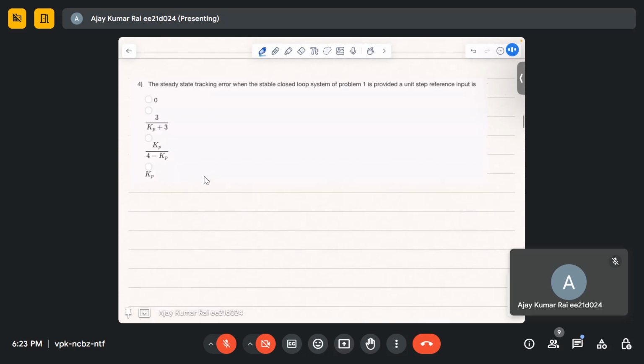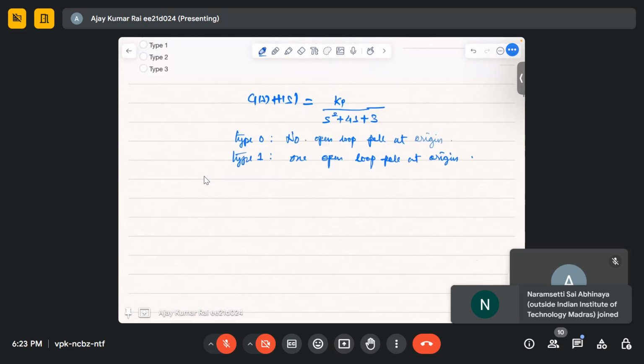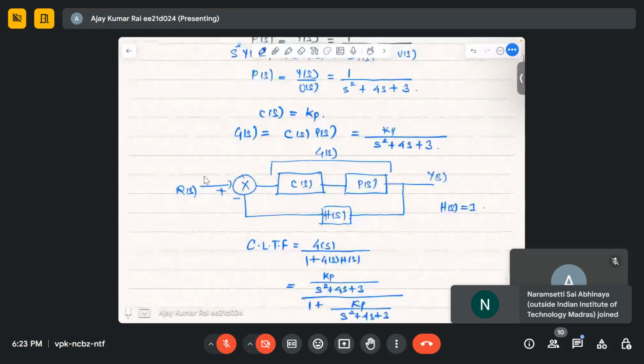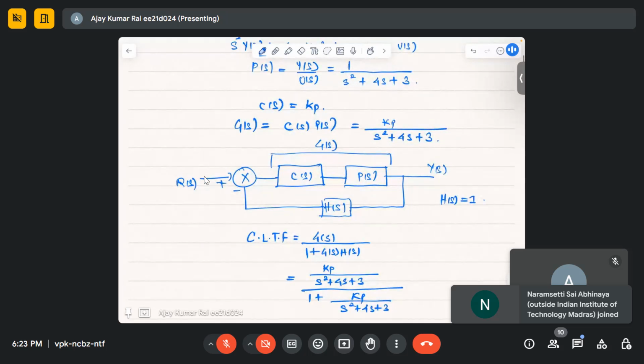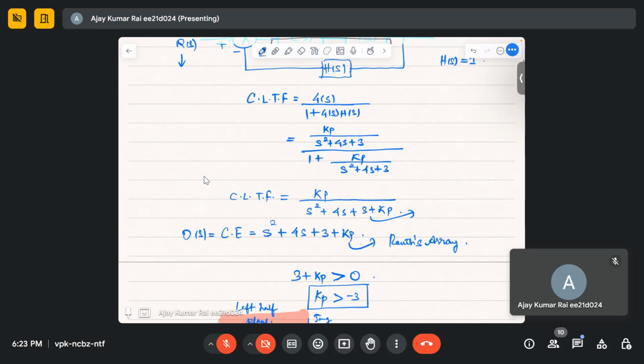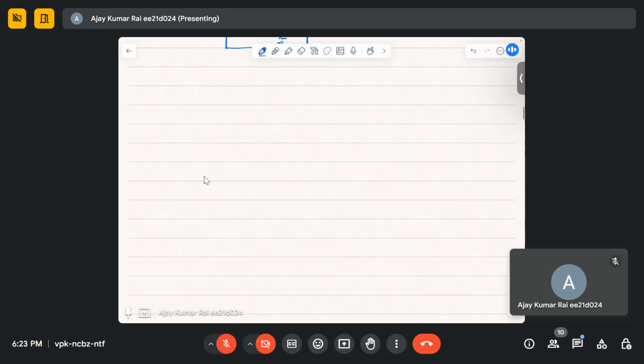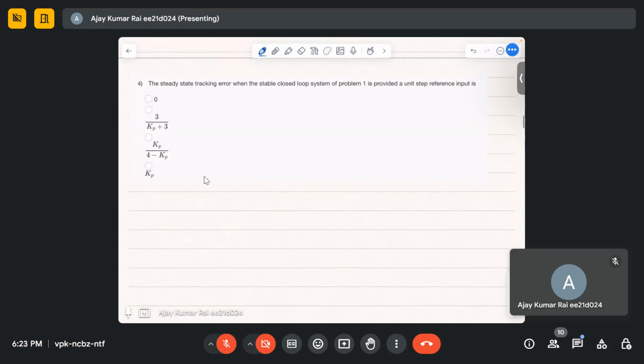The other one is the steady state tracking error when the stable closed loop system of problem 1 is provided a unit step reference input. This is the block diagram for the closed loop plant. In this case R(s) is a unit step, so R(s) is 1 by s.